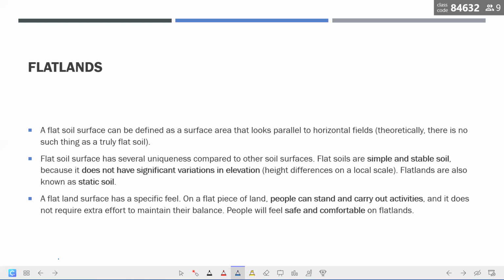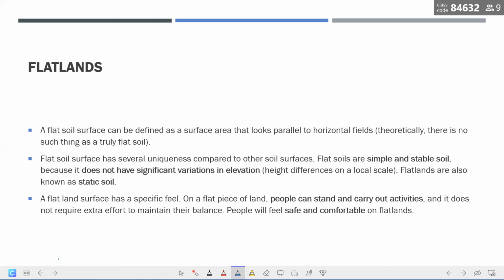Flatlands do have a specific feel. You can stand and carry out your activities with no issues whatsoever on flatlands because it doesn't require extra effort to maintain your balance.